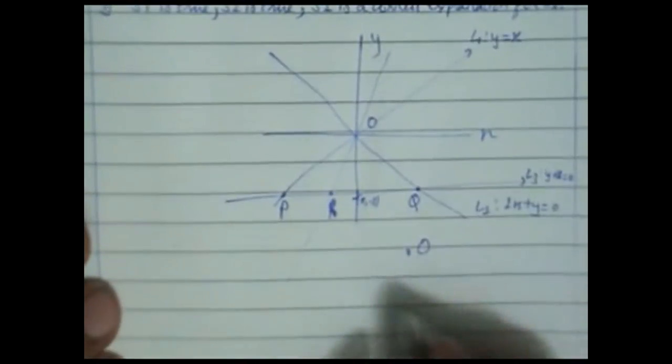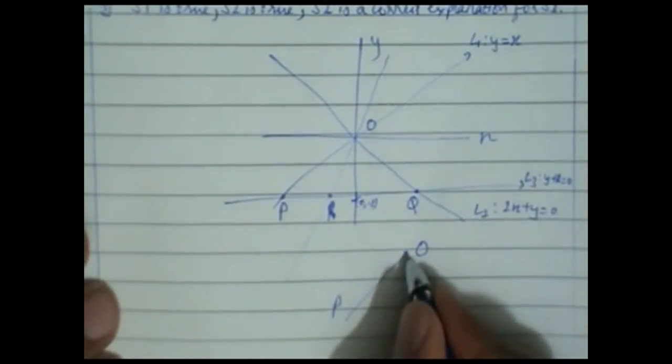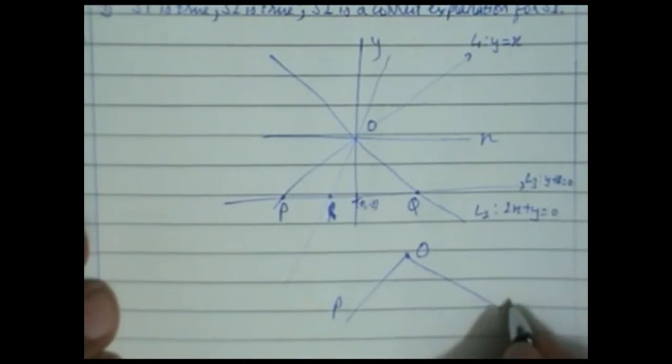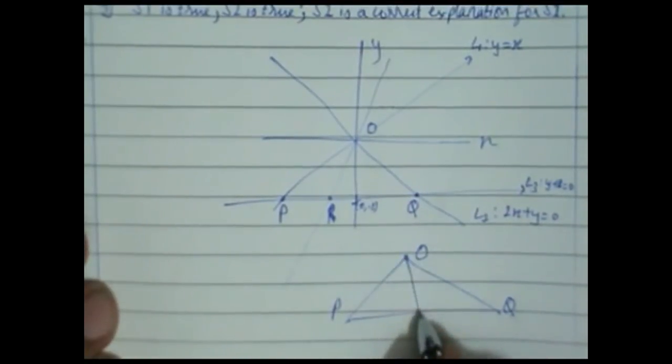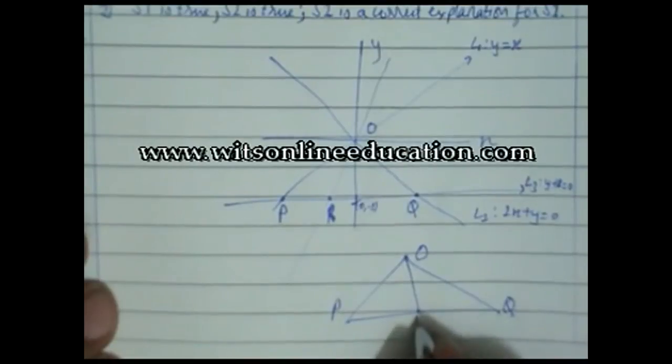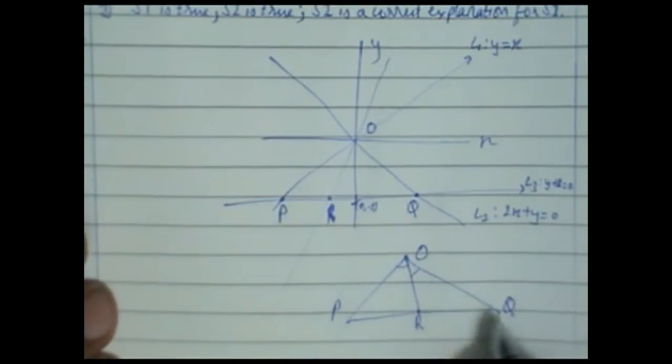So if this point is O, this is OP, OQ, this is the point R, which is the point of intersection of L3 with the angle bisector of angle POQ.